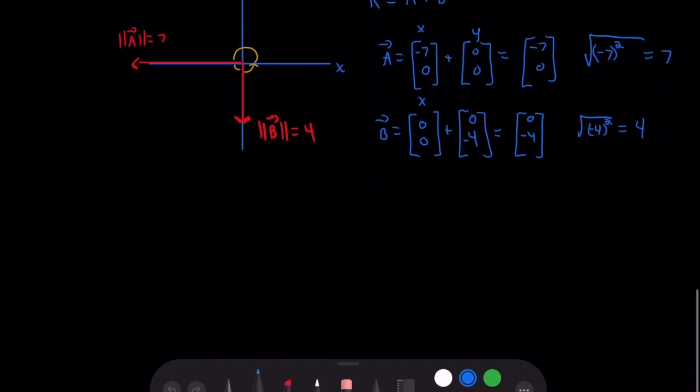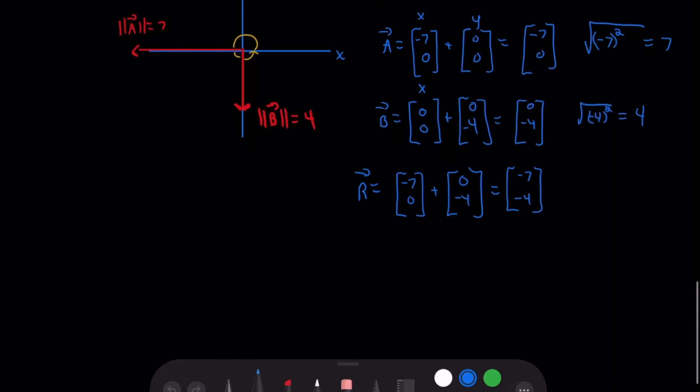So now, to get the coordinate vector of r, we are going to add a and b together. So this is vector a being written here, and this is vector b. When we add these together, we add their components. We're going to end up with negative 7, negative 4.